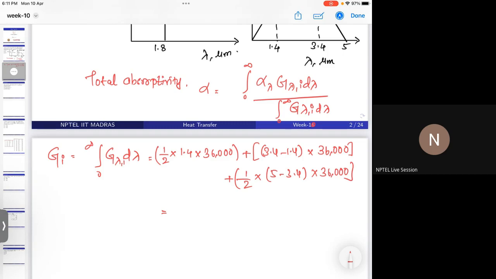Can you please calculate and say? 144,000. Can you please check, because I am getting 126,000.